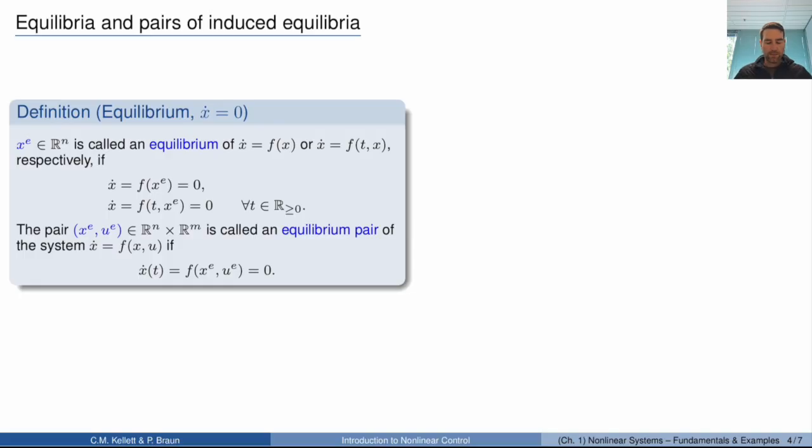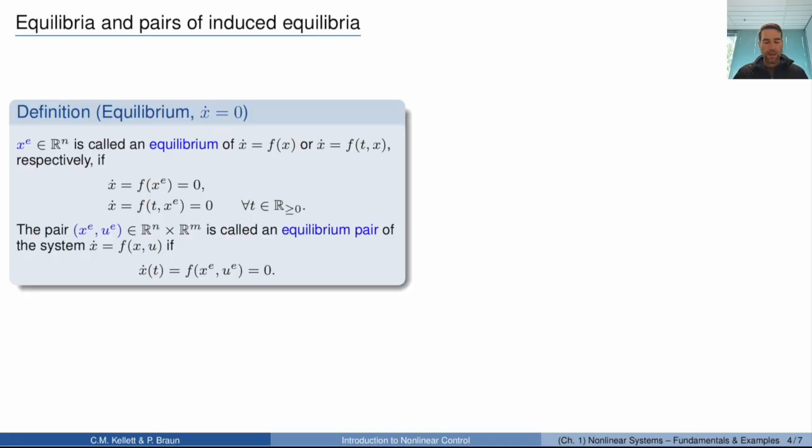So, and that's by definition, we call a point or a state xe an equilibrium of a differential equation if it satisfies f of xe is equal to 0. And that means that at that point we have x dot is equal to 0, meaning the solution is not changing and is constant.